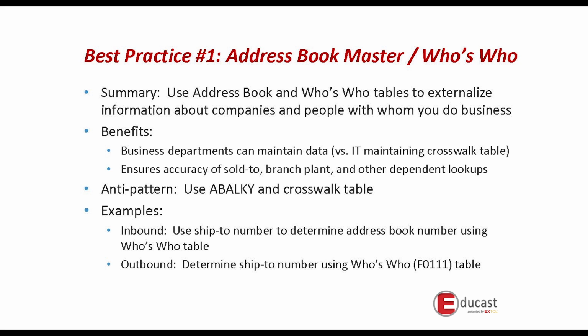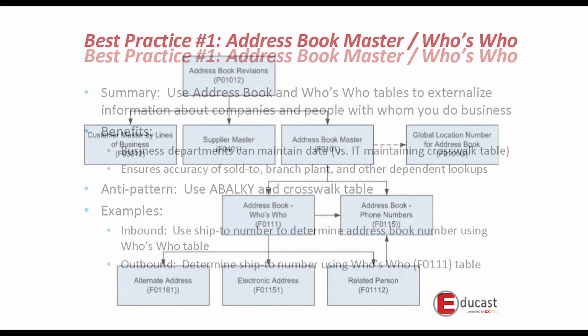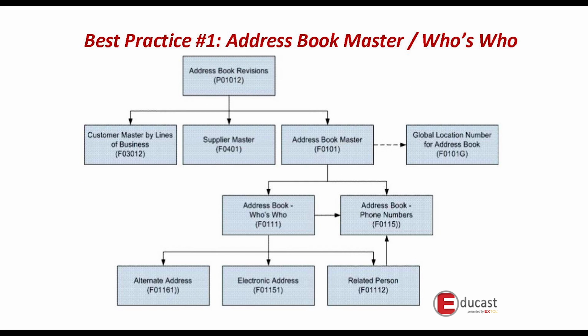And in our outbound maps, we use the same theory where we have the address book number, we externalize our data from the Who's Who table, and by knowing our address book number, we can determine our ship to number.